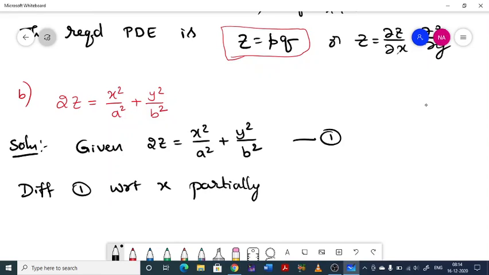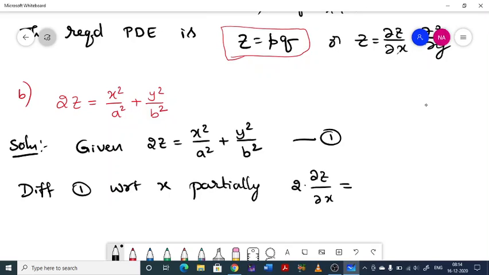So I'll get left hand side 2 into dou z by dou x equal to, see, this term y square by b square will be constant, because I am differentiating with respect to x, so y will be constant. So y constant, so y square constant. Similarly b square constant, so y square by b square will be constant.